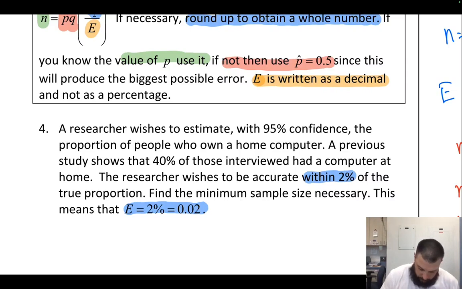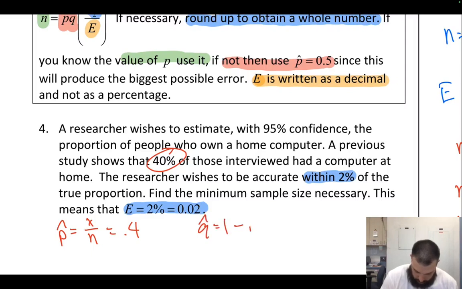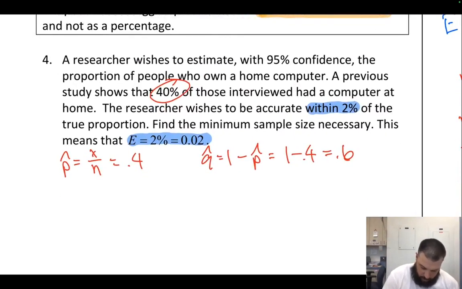So let's put down our information that we know. So p hat is going to be x over n, but in this case they give it to us right here. So 0.4 for our p hat, which means q hat is 1 minus p hat, or 1 minus 0.4, which gives us 0.6. And then we want to solve for n.